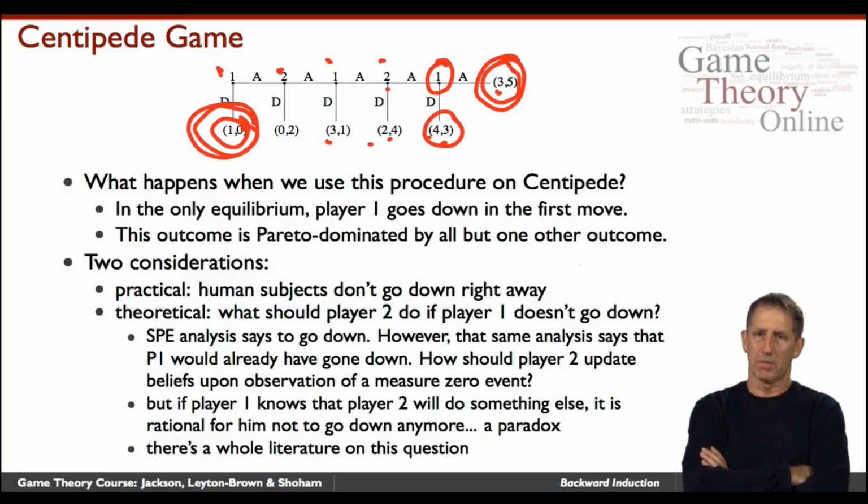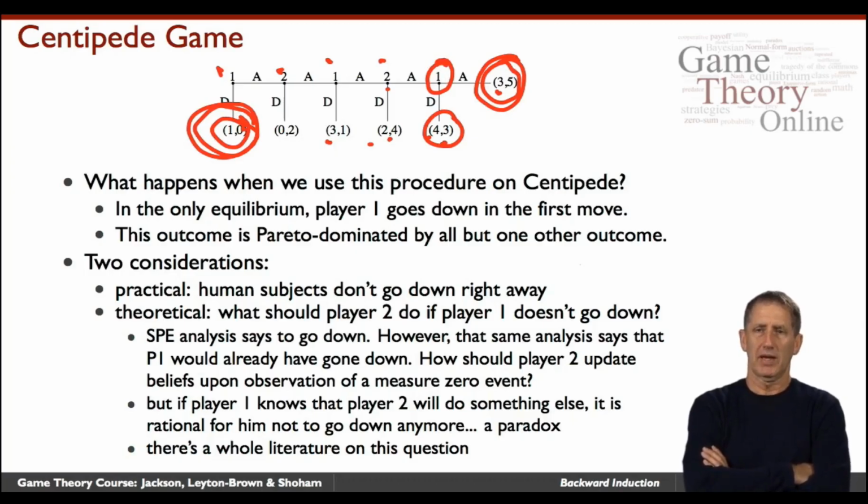The players will cooperate for a while until at some point somebody would go down and end the game. They know there's so much to gain by going forward, they would, if you wish, take the chance. And this intuition is borne out repeatedly in experiments. People do cooperate for a while until eventually they defect. So that's a problem for theory.